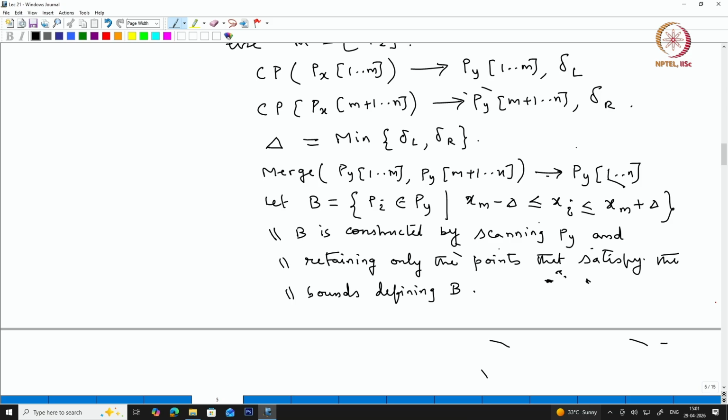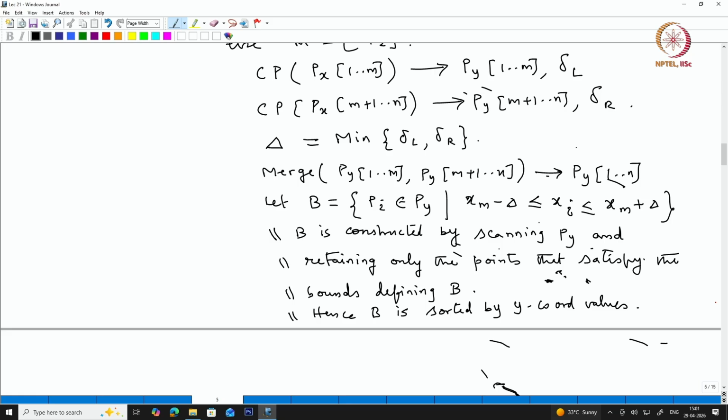Hence B is sorted by y coordinate values. It inherits the order.